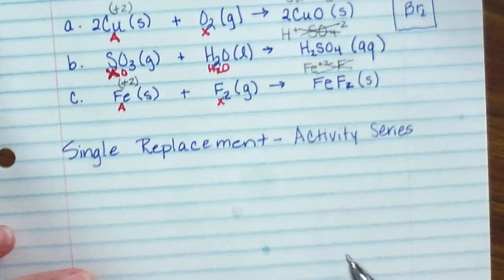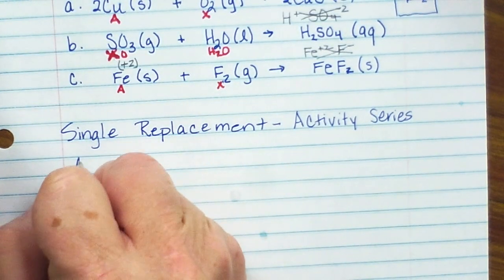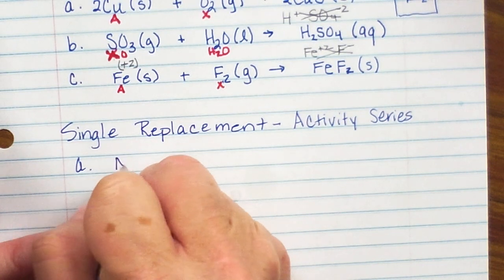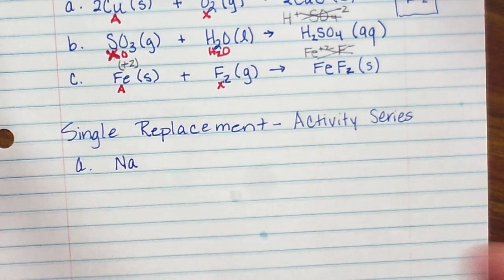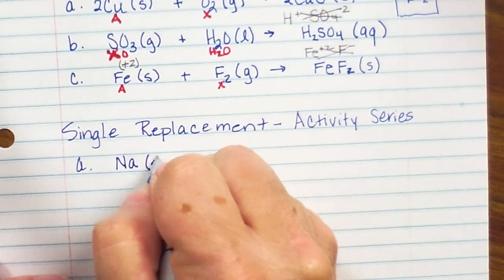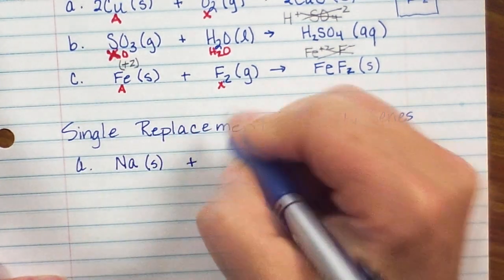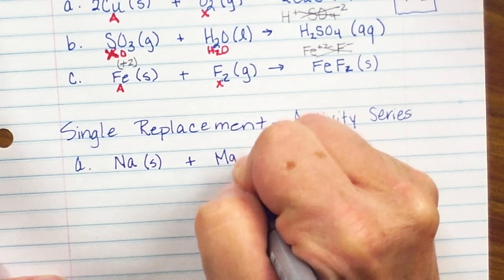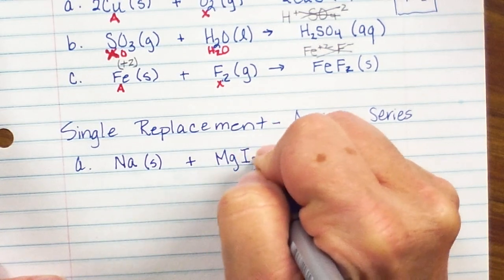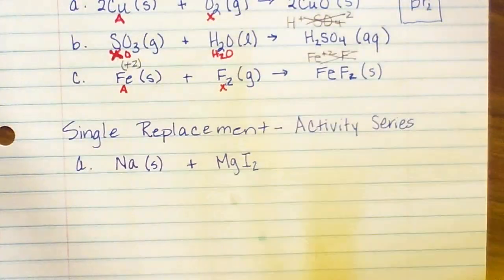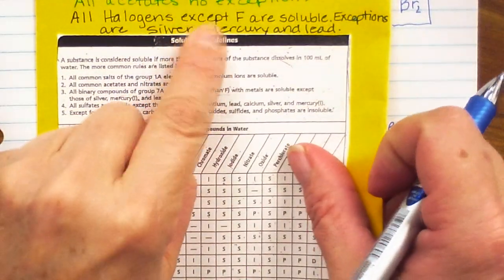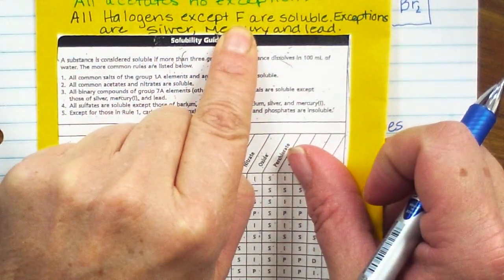So let's start with an example. A. We have sodium, which is an element, so on the periodic table, that element is a solid, plus magnesium iodide. So you can look here. Iodide is in family 17, so all halogens except fluorine are soluble.